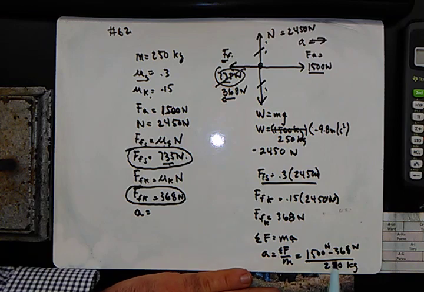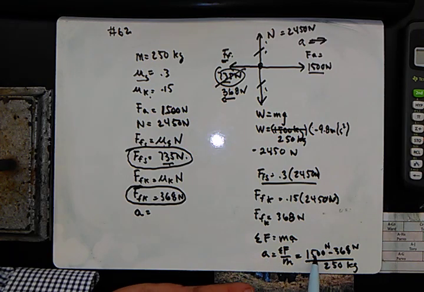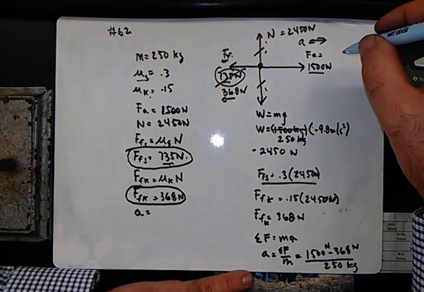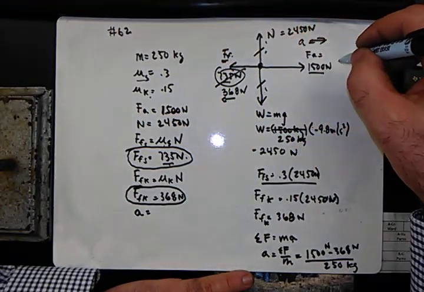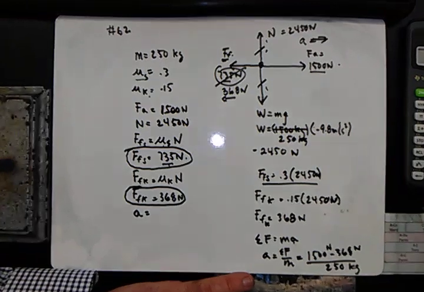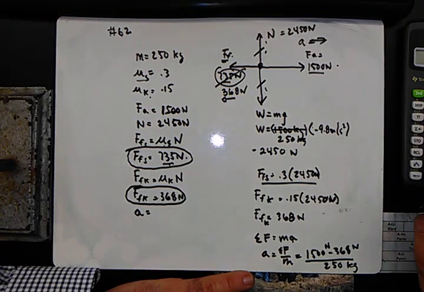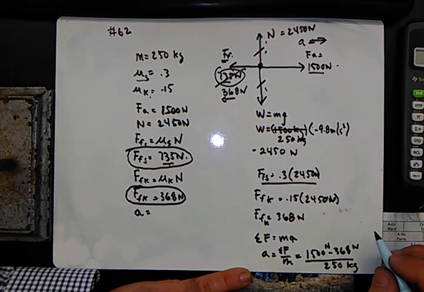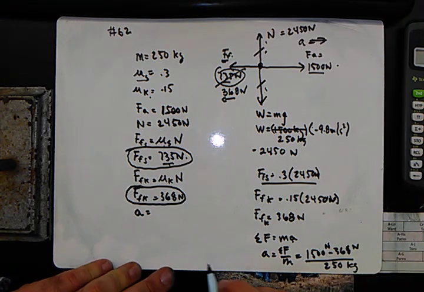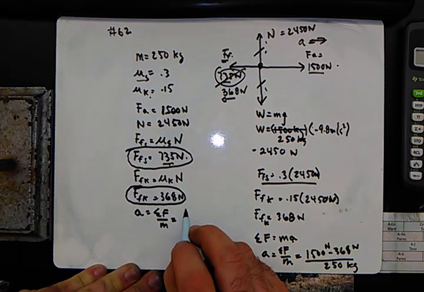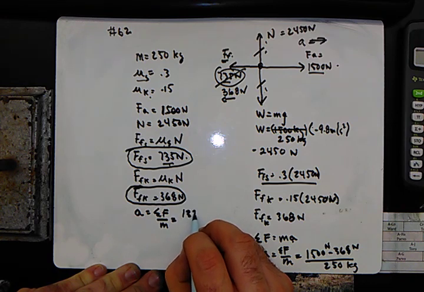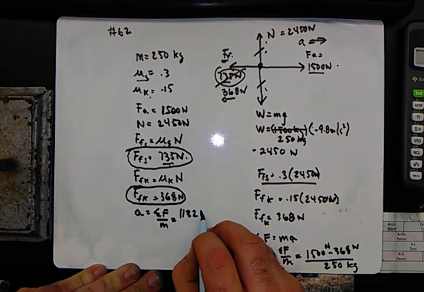So I figure out the acceleration by taking the net force, that's the addition of all the forces in this whole deal. These are 0. Don't worry about the up and down. This is 1500 minus 368. So acceleration is the net force over mass, which is equivalent to 1132 newtons.